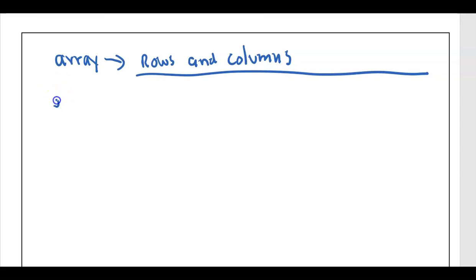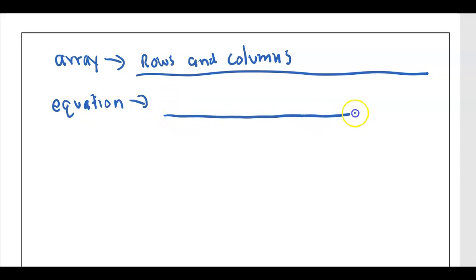What about an equation? We talked about an equation. What does it have to have? Okay, think in your head and say it out loud. Ready? Go. The equation has to have an equal sign. Good job. Okay, then let's see.